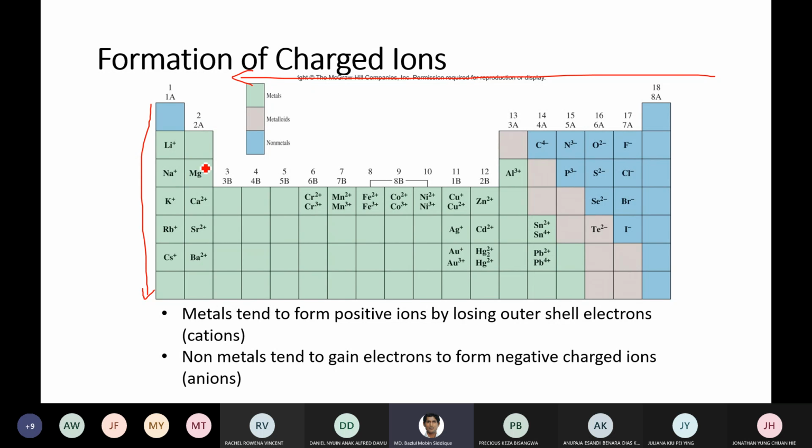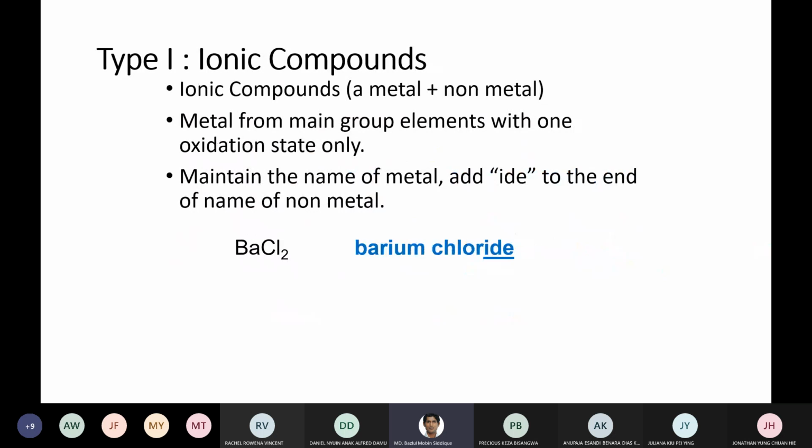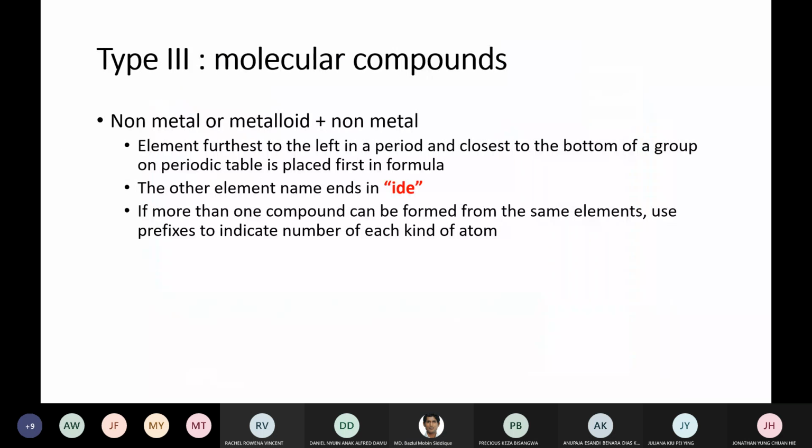Whichever element is on the relatively left side and relatively bottom of the periodic table will come first for naming. The one closest to the bottom or in the left will be put first, and the other element's name should end with IDE.